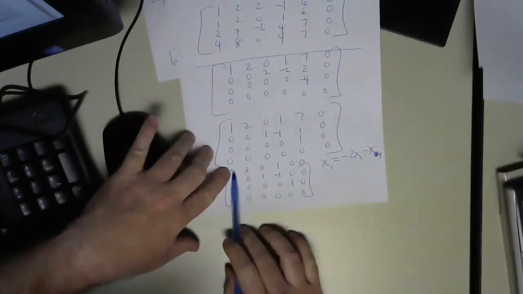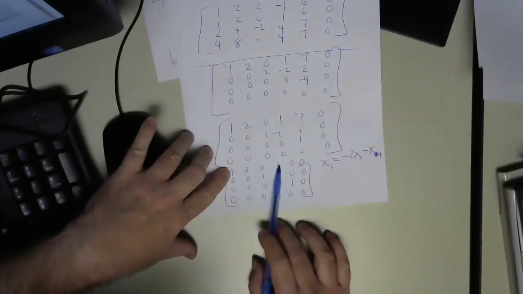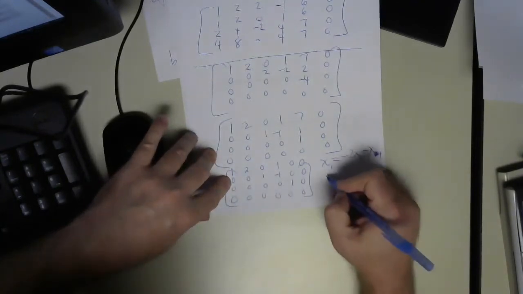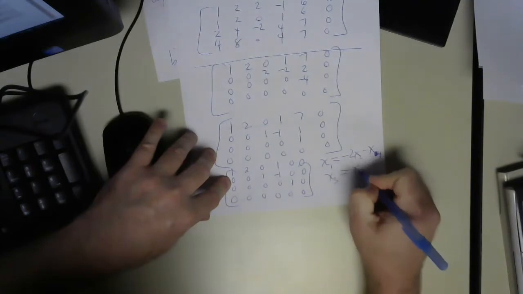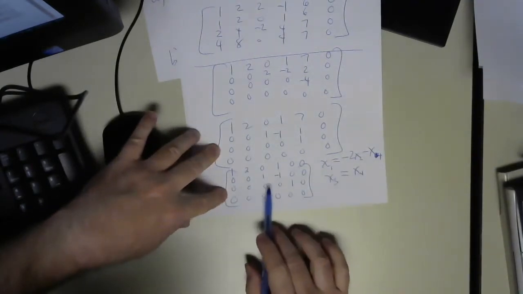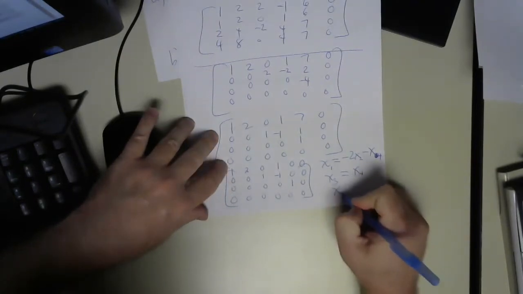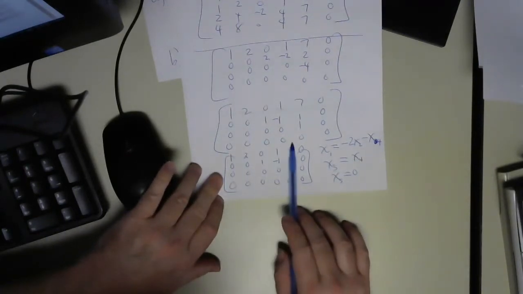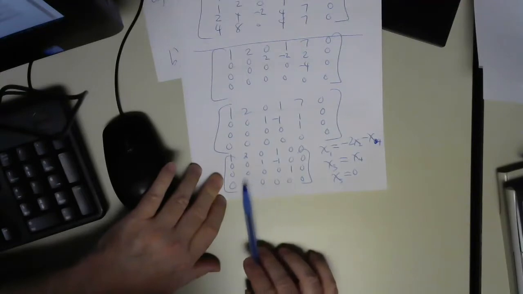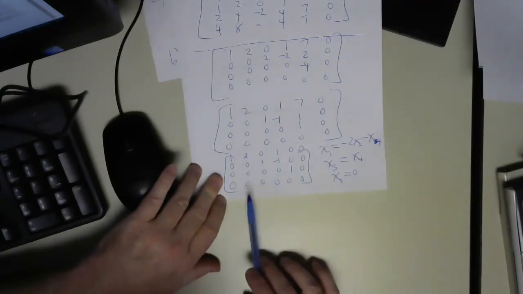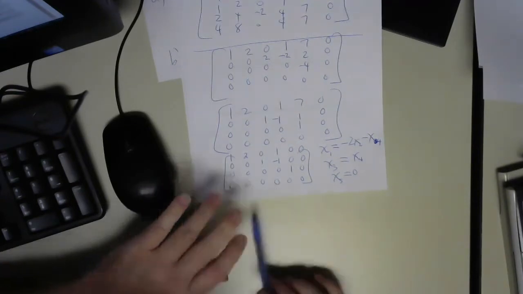Because that's 1x1 plus 2x2 plus x4. That should be an x4 there. The second equation is x3 equals x4, looks like. And the next equation is x5 equals 0. So it looks like the basic variables are x1, x3, and x5. And the free variables are x2 and x4. So that looks right.